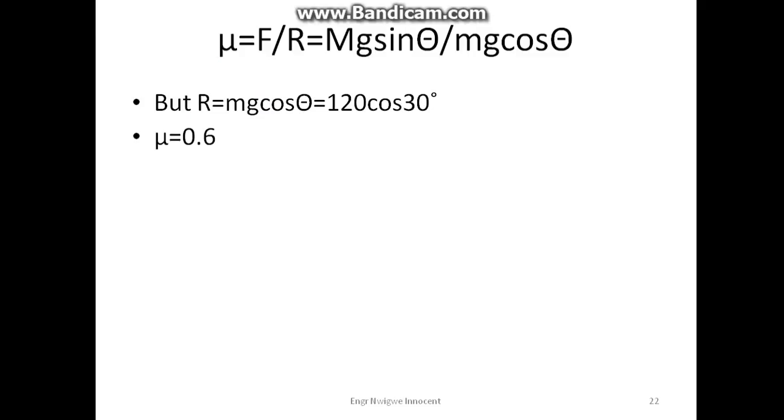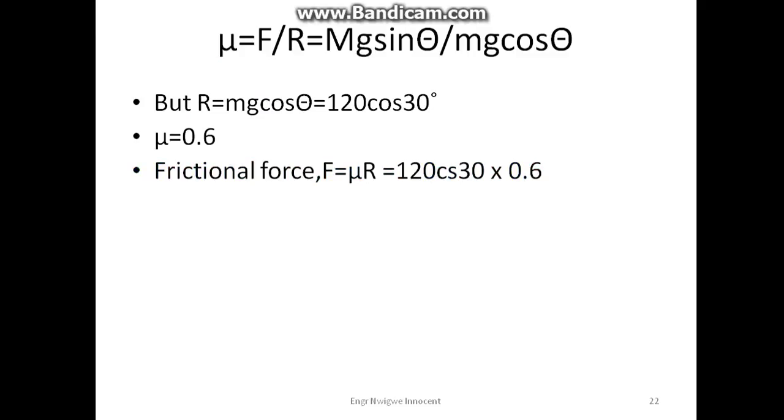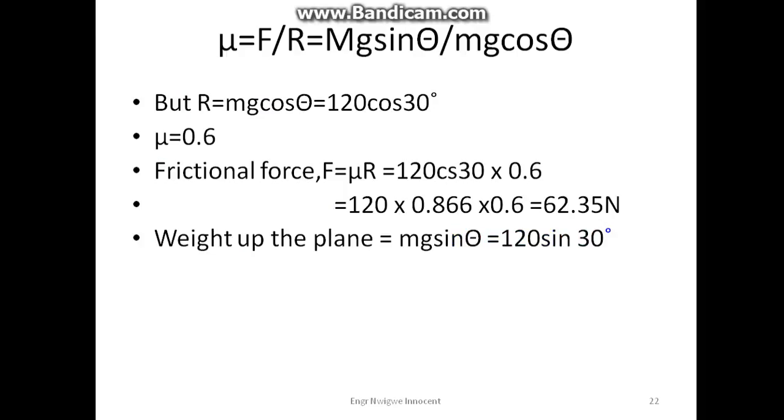Frictional force F equals mu R, which equals 120 cos 30 times 0.6, which is 120 times 0.866 times 0.6, giving us 62.35 Newton. Weight up the plane equals mg sin theta, which gives 120 sin 30 degrees, which gives us 60 Newton.